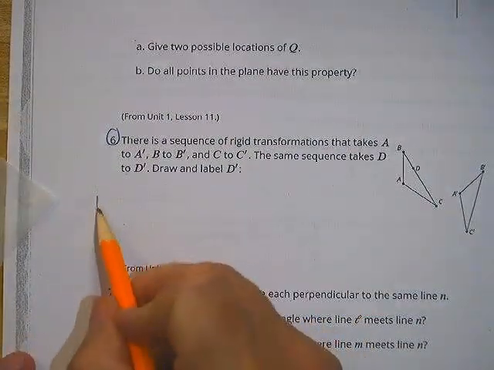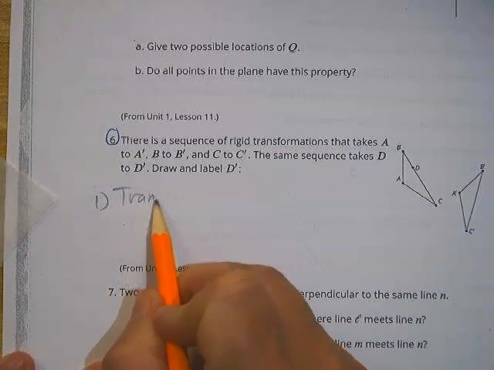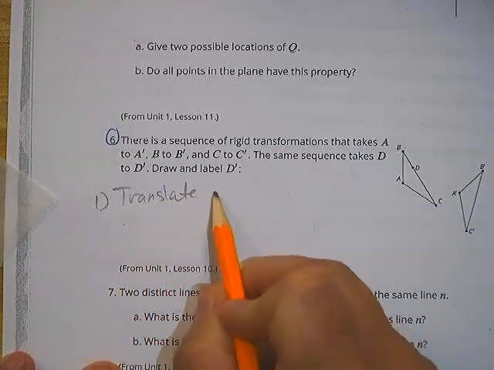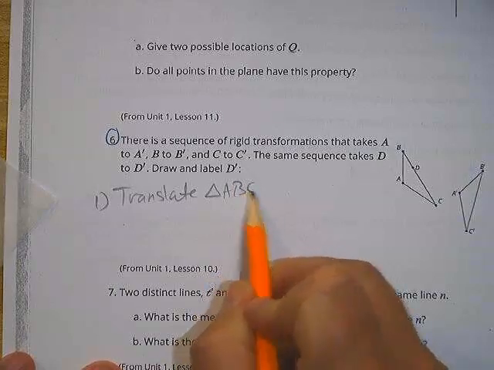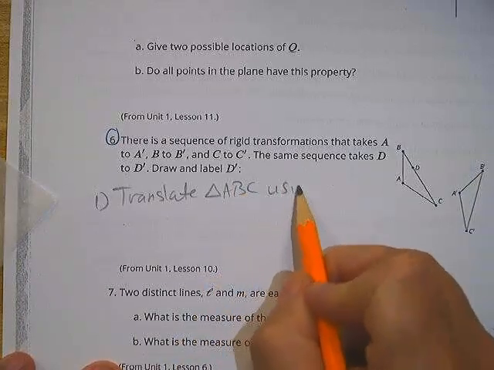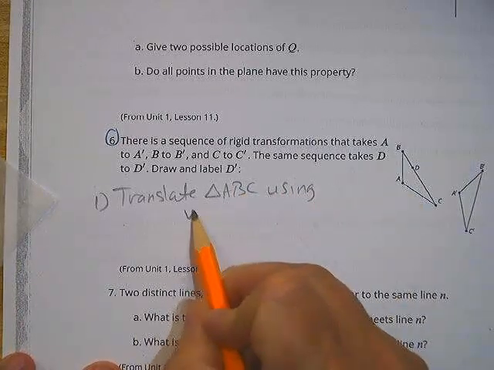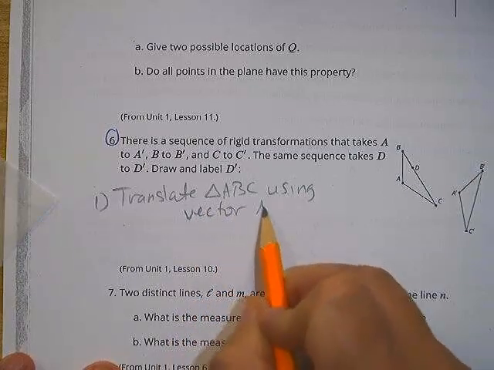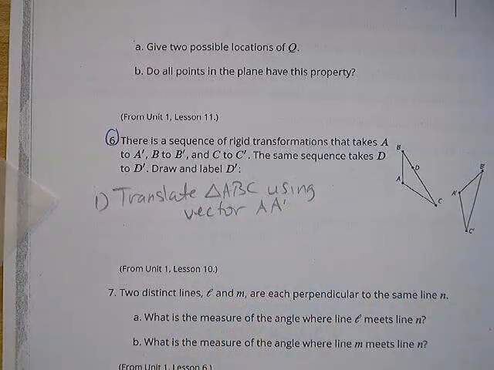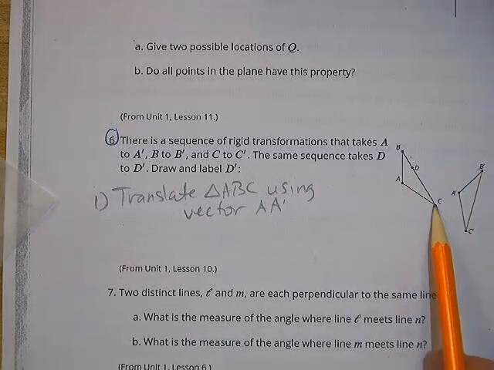So step 1 is translate triangle ABC using vector A to A prime. You could also use vector B to B prime, or C to C prime.